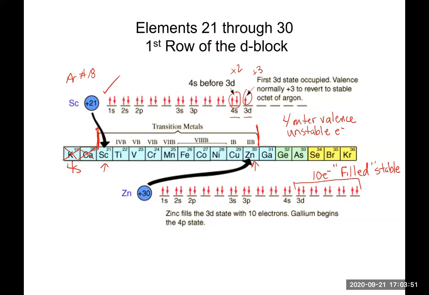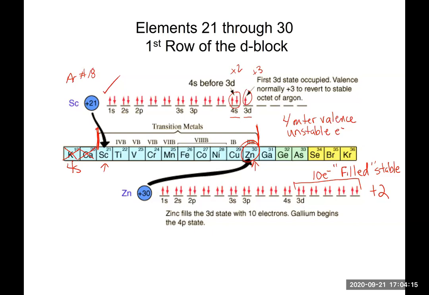When we start naming, you'll see the difference. So keep zinc in your mind when we start naming compounds, because we're not going to name zinc as though it's a transition metal. We're going to name it as though it's representative, and it always gets a +2 oxidation state. Now, why do you think it would always have a +2 oxidation state? Where are those electrons going to come from?